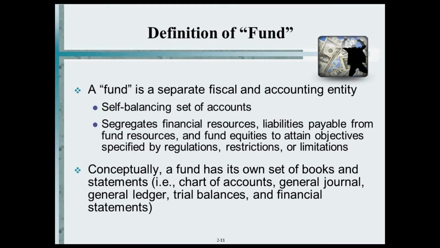Think of a fund like a small company. Each one of those, and you consolidate them all together at the end. I don't mean to use this in a loose way, but that's basically what you have. Each fund has its own self-balancing book. Okay?